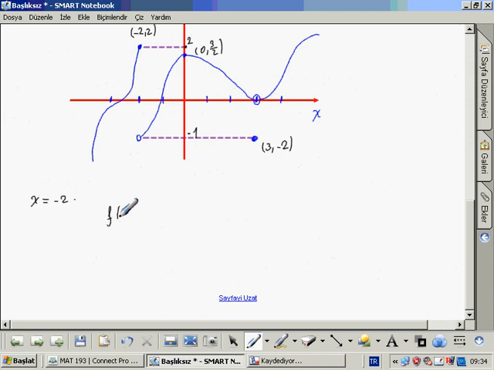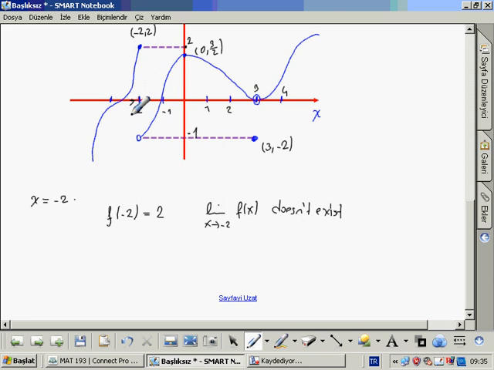And we know that f of minus 2 equals 2, okay, but the limit as x approaches minus 2 of f of x doesn't exist. Why? Because when you approach minus 2 from the right hand side, your limit will be minus 1, but when you approach minus 2 from the left hand side, your limit will be 2.